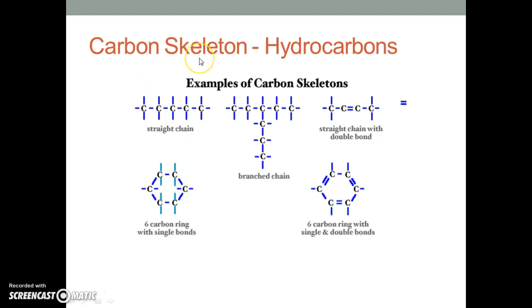Now the carbon skeleton or hydrocarbons, all these unnamed atoms that would be on this bond here and this bond here would be hydrogen. And hydrocarbons specifically contain only the elements carbon and hydrogen. And these are the dominant structure in most living things.